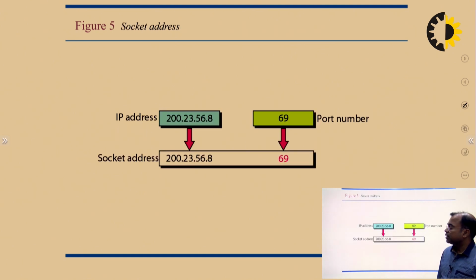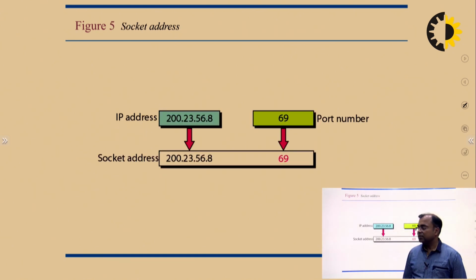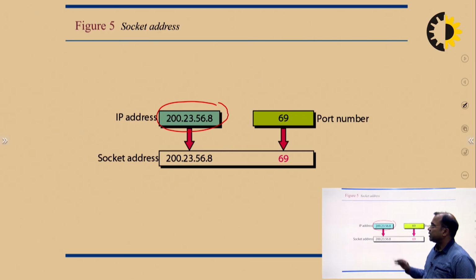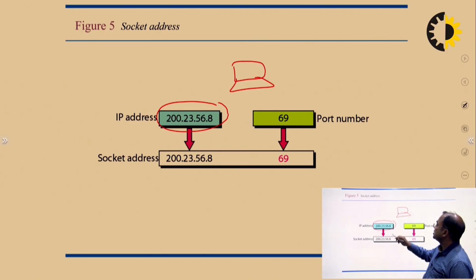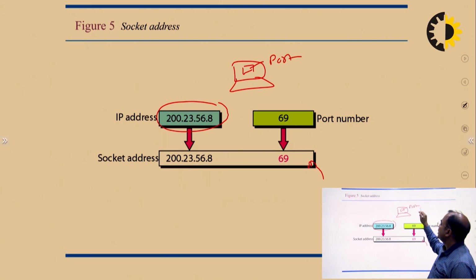Now, what is a socket address? As I said earlier, an IP address is the address of some host or system. Then in this host or system, the data is delivered to some port number, say 69, and this is the IP address of this port number.